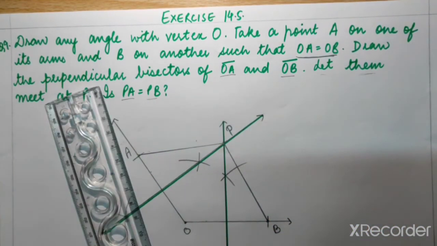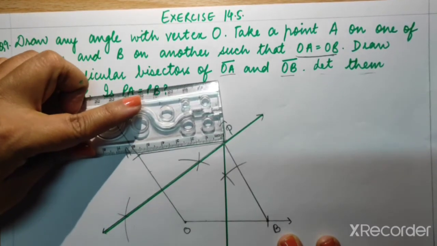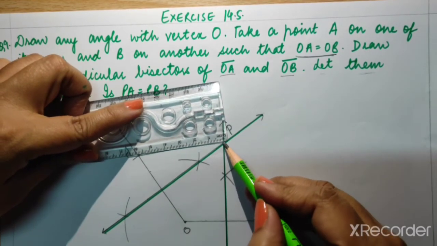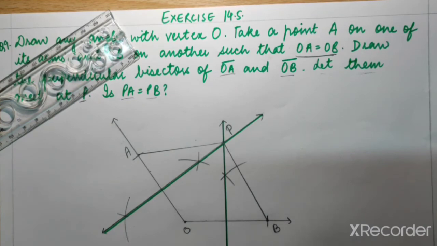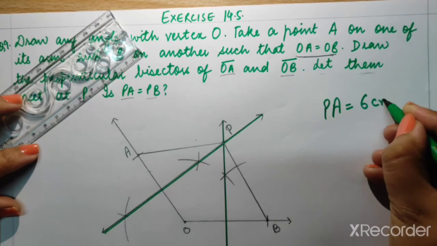Now we have to measure the length of PA and PB. Just check what is the length of PA. PA is 6 centimeter. You can get any length. PA is 6 centimeter here.